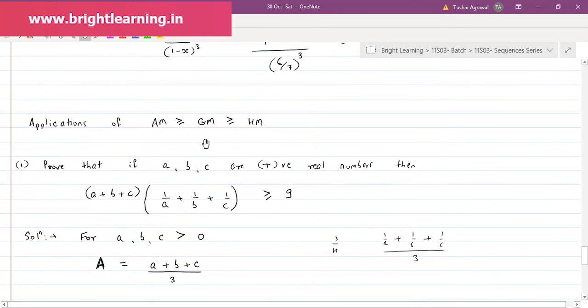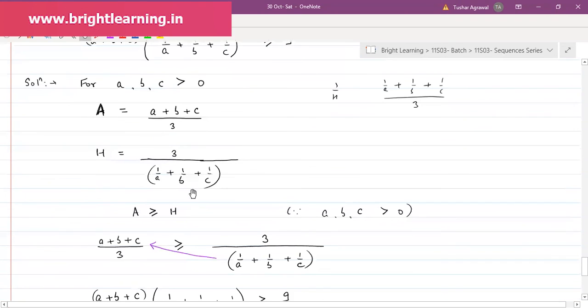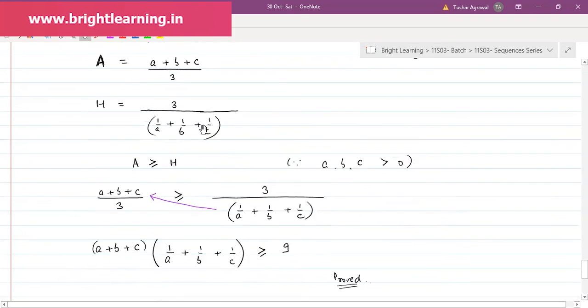So maybe the application would be of which inequality? Arithmetic greater than or equal to geometric, because geometric mean has everything to do with multiplication and arithmetic mean has everything to do with addition. Yes or no?